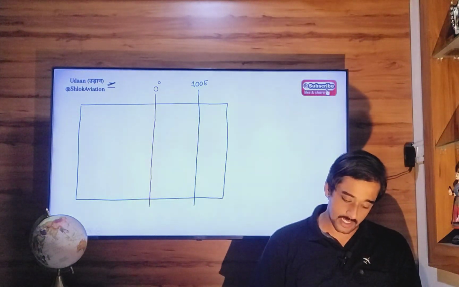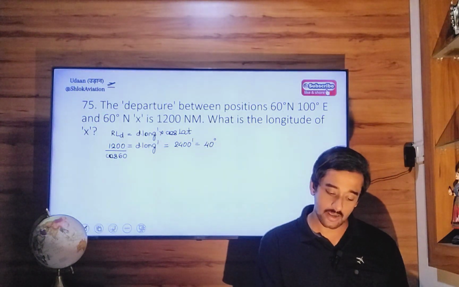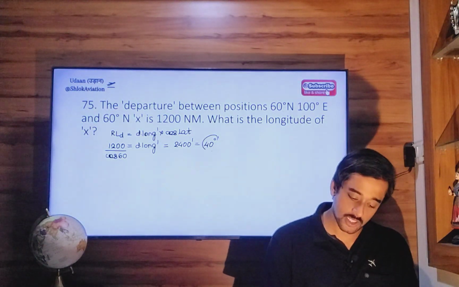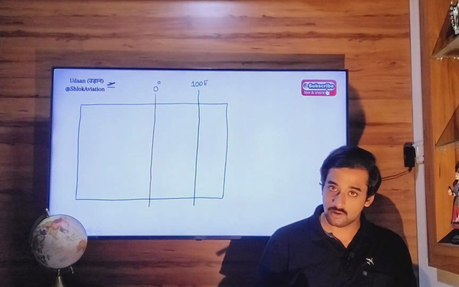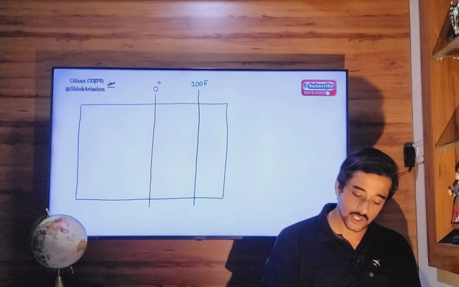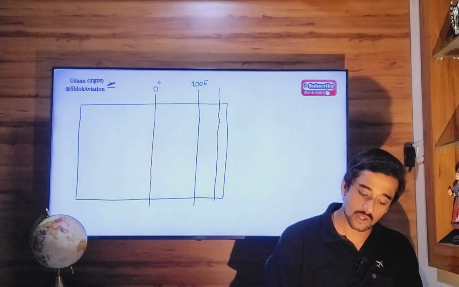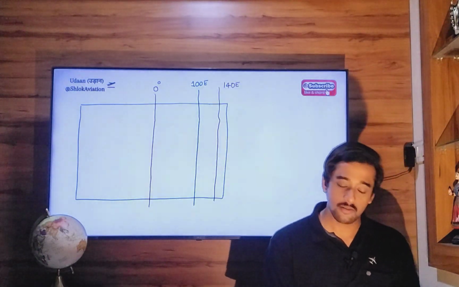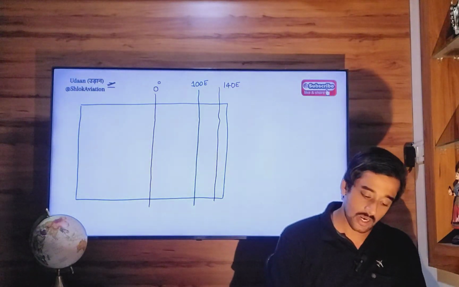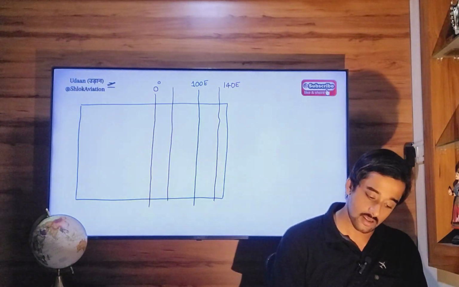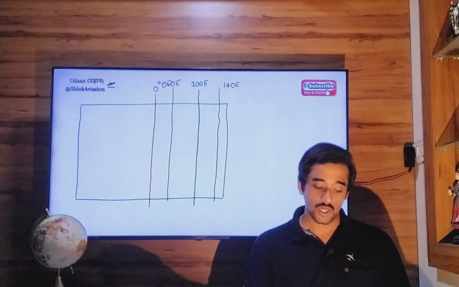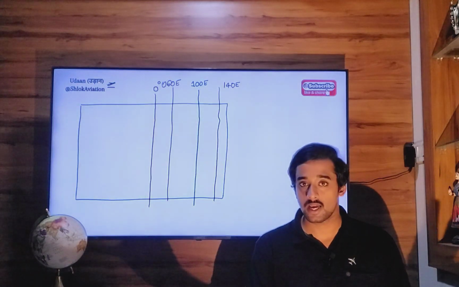So there are two possibilities. Now the D long is 40 degrees. If the second position is 40 degrees to the east of the initial position, our new longitude might be 100 plus 40, so that is 140 degrees east longitude, or it can be to the west of 100 degrees east. So 100 minus 40 is 060 degrees east longitude. So either 060 degrees east or 140 degrees east longitude.